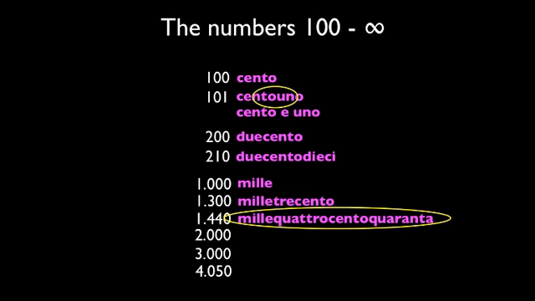You'll immediately notice that these numbers get incredibly long and they're not separated by spaces, and that's true all the way up to when you get into the millions. So you can get some very, very long numbers when expressing complex numbers in Italian.